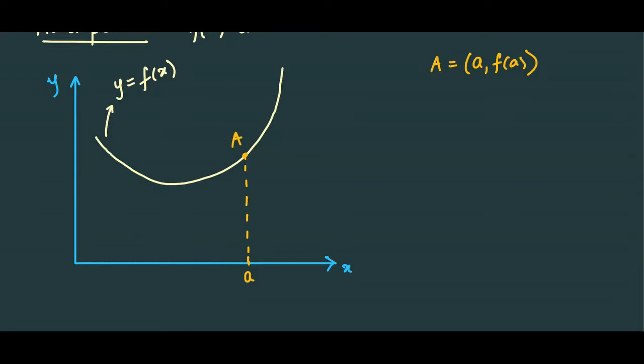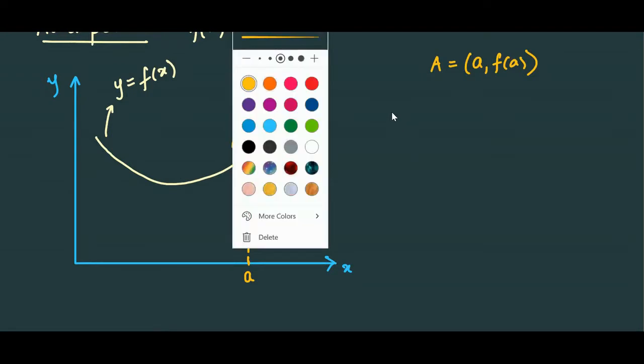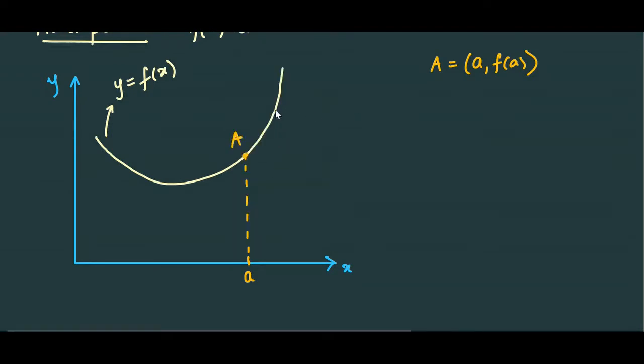What I do next, I take a point to the right of a at a distance of small h from a, and I will take another point to the left of a at a distance of small h from a.